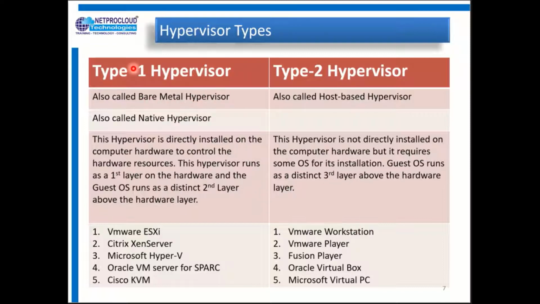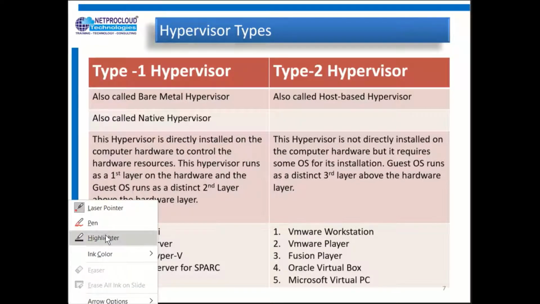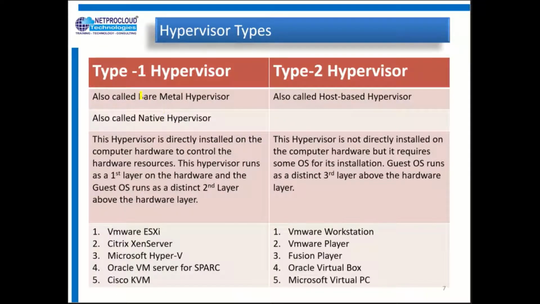Now talking about the type 1 hypervisor. It is also called the bare metal hypervisor, or we can also say the native hypervisor. This hypervisor is installed on the bare metal machine, a machine with no operating system.